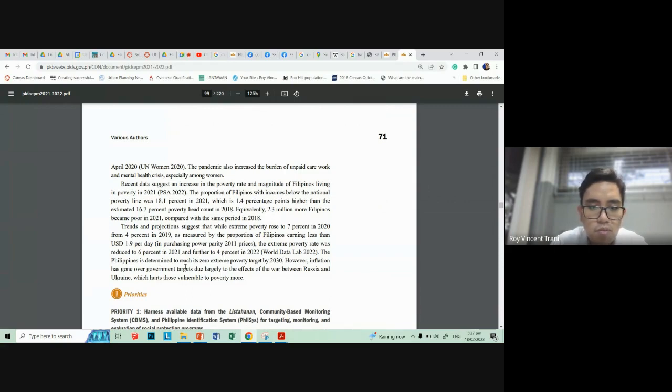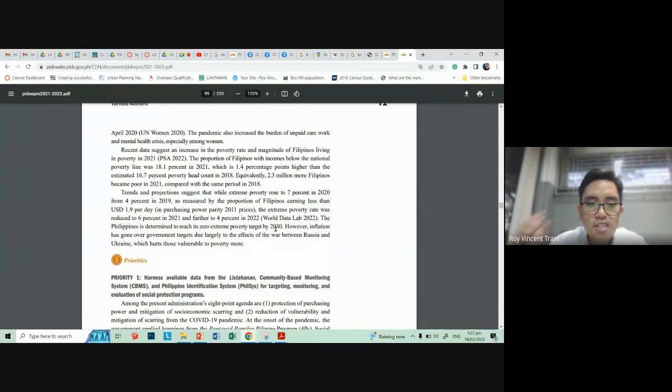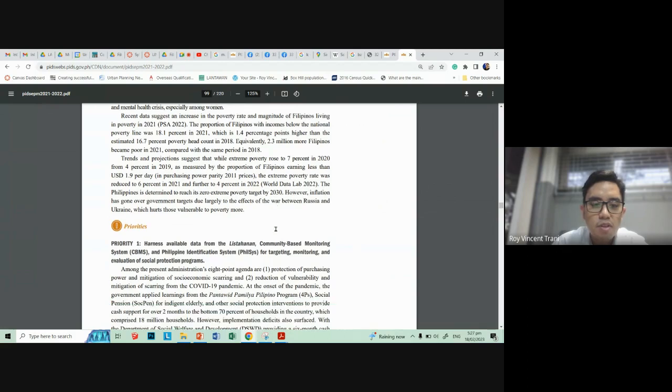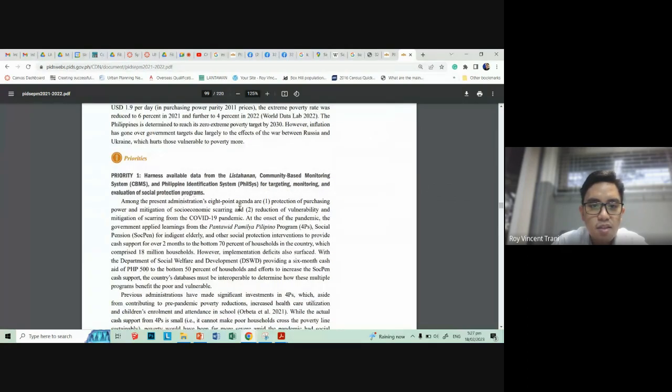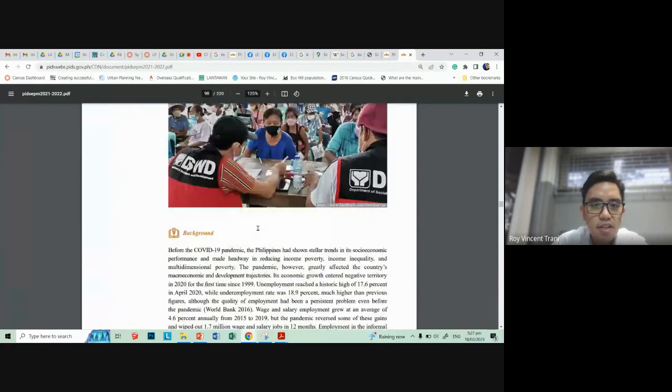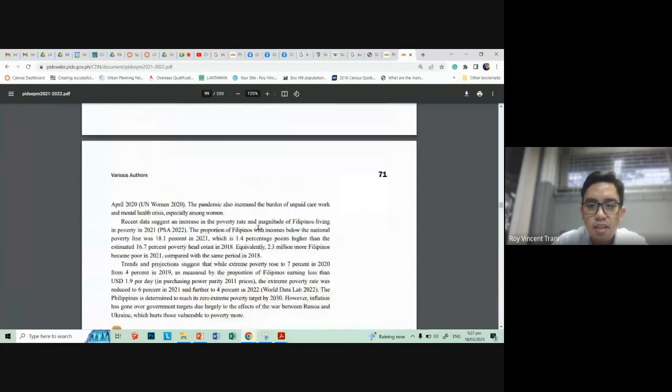The Philippines is determined to reach its zero extreme poverty target by 2030, zero poverty. However, inflation has gone over government targets due largely to effects of the war between Russia and Ukraine, which hurts those vulnerable to poverty more. Administration 8-point agenda. So this is like a national policy.